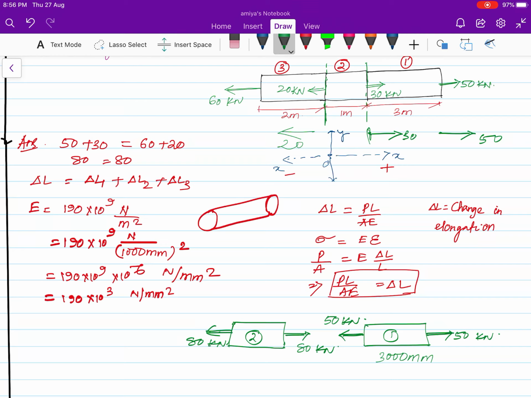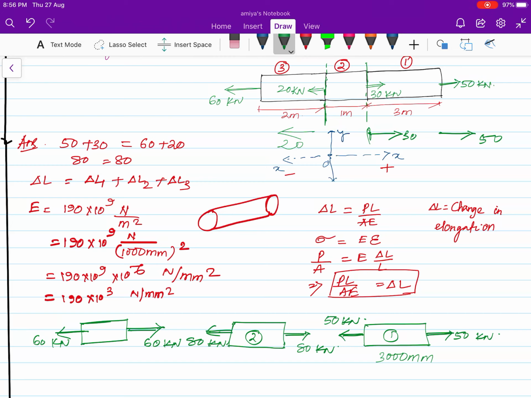The direction of 60 will be like this, because whichever of 50 plus 30 has the higher magnitude, that direction is given to the force.